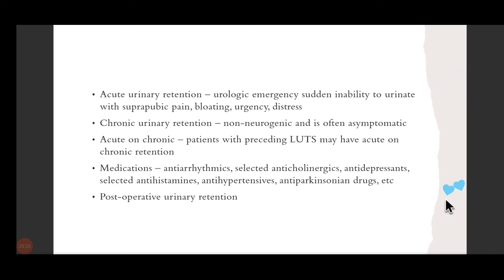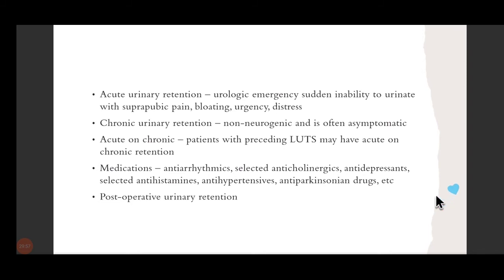They may go on to develop an acute retention on the background of chronic retention at a point where the prostate in most patients actually causes no more urine to pass through the urethra. So such a patient may actually be asymptomatic, otherwise in the pathology more advanced, and he may land up in the emergency.